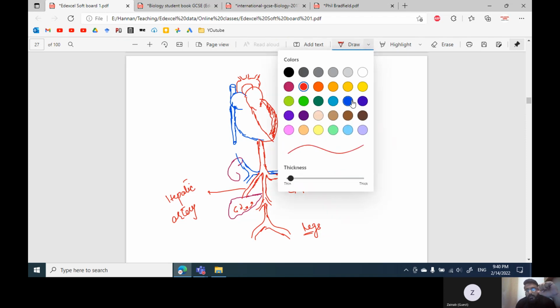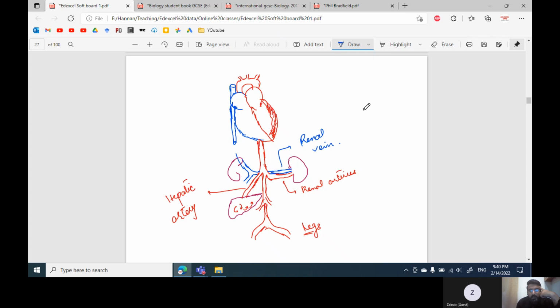Let me tell you something else about the liver. Actually, the liver takes the blood from the lower body, including the intestines. For example, the intestine is situated here, and the blood is coming back towards the heart.